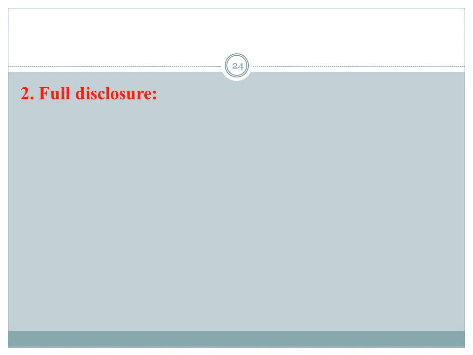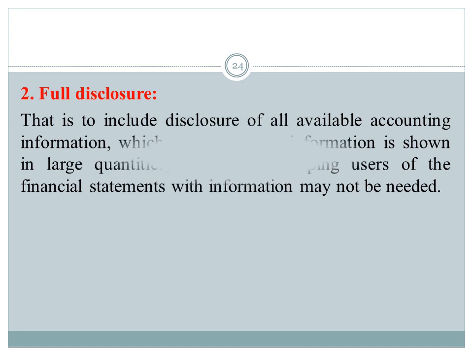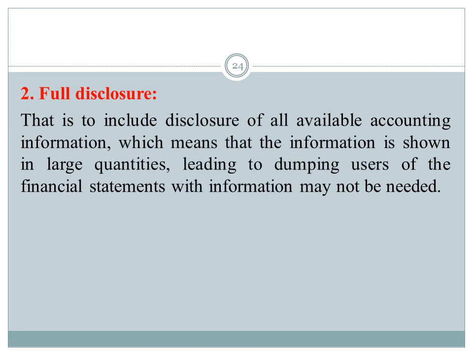Second, full disclosure. That is to include disclosure of all available accounting information, which means that the information is shown in large quantities, leading to dumping users of the financial statements with information that may not be needed.